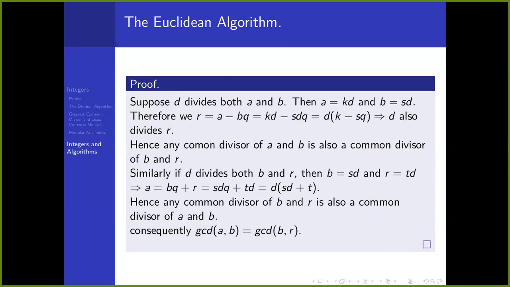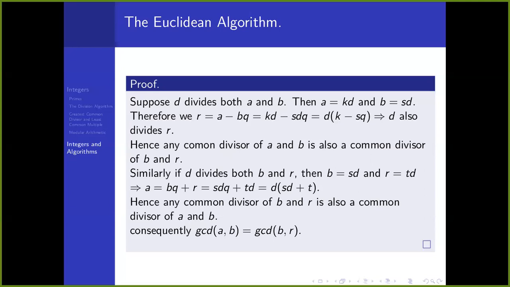So we pick any common divisor of A and B, and we call it D. So suppose D is a common divisor of A and B, then it means we can write both A and B as multiples of D, so that A will be equal to KD and B will be equal to SD. And we can rewrite the initial statement.